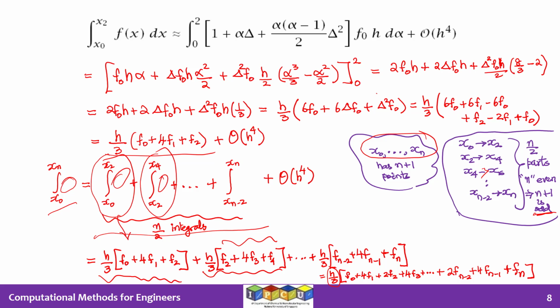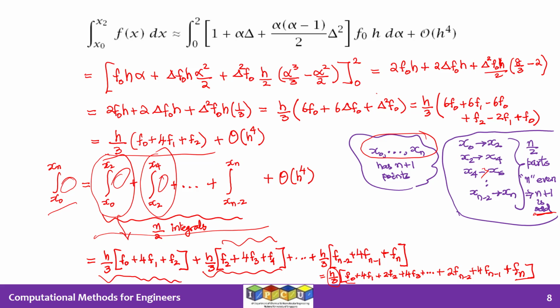Now, if you look at what is inside the brackets, like the trapezoid rule, you can see that the starting data point and the end data point, for which the f values are f0 and fn, appear with a weight equal to 1. So it is like one f0 and one fn. But f1, f3, f5, f7, etc. appear with a weight of 4.